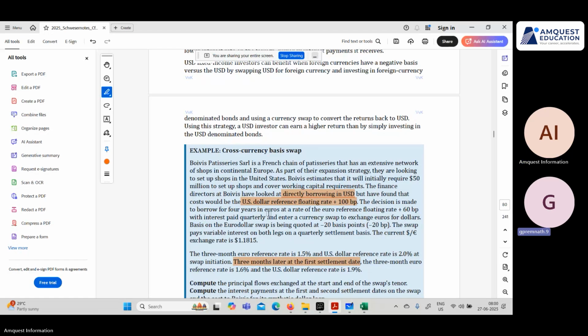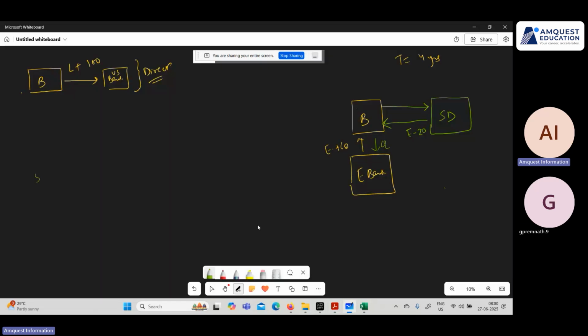Remember when I said he'll pay 5%, but then he will receive 4%. So to the bank, if he will have to pay 5%, he will receive from the swap dealer at 4%.